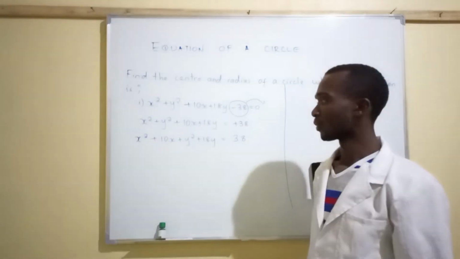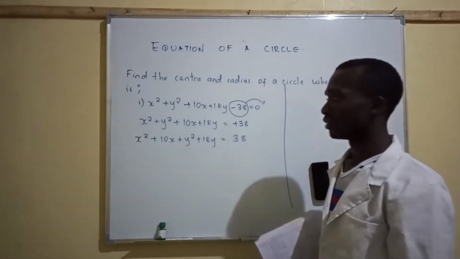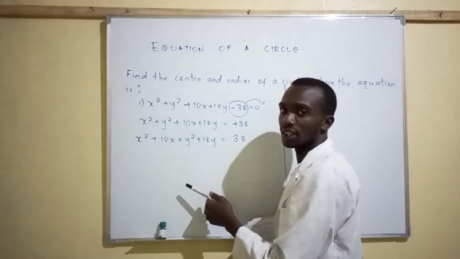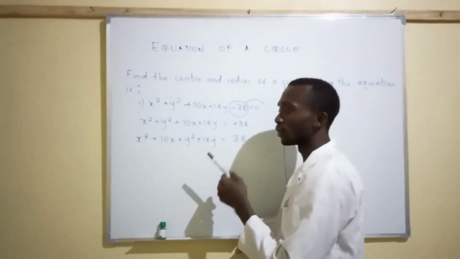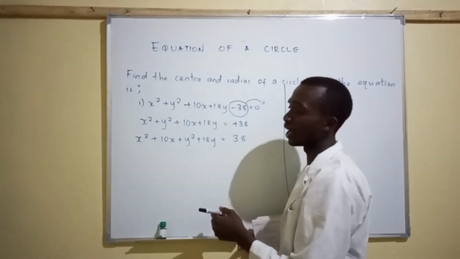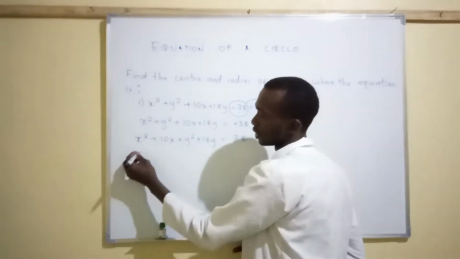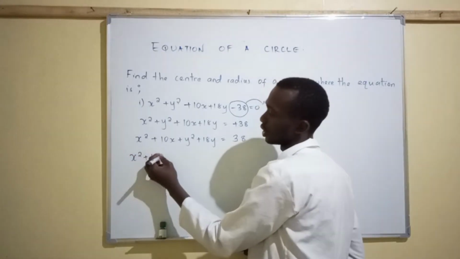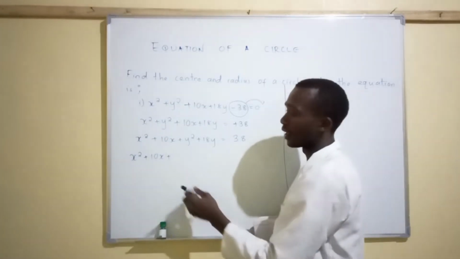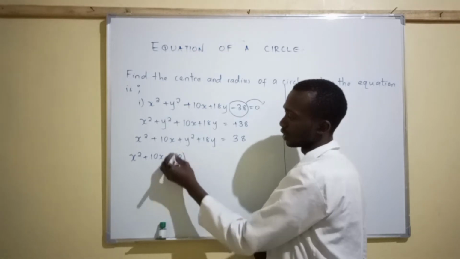So now, one of the trickiest procedures is the third procedure. We have x squared plus 10x. Now, the coefficient of x, we find half of it, then we square it and add it to both sides. So look, x squared plus 10x plus, the coefficient of x here is 10, so 10 over 2 squared.